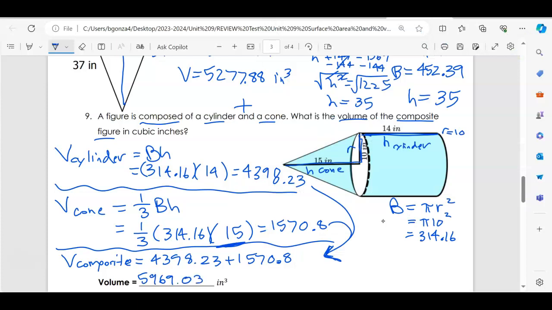And that's going to be in inches cubed because each of those were in inches cubed because they're all volume using inches. Cool.